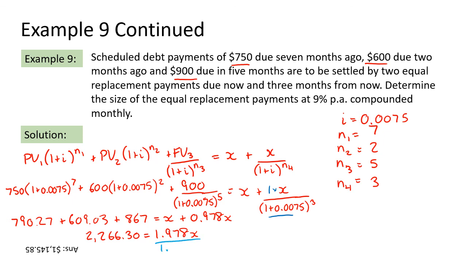So I'm going to divide both sides by 1.978. Okay, so if I do that, you have on the right side 1.978 divided by 1.978 is just 1. So you're left with x is equal to $1,145.75. You'll notice in my answer it's 85 cents, and again that's rounding.